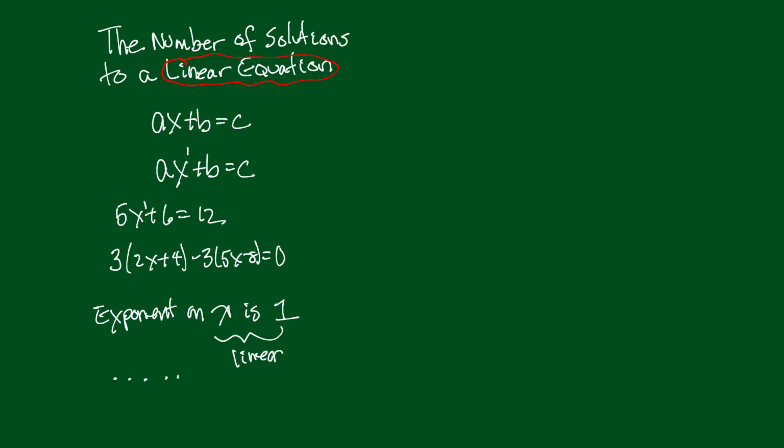If the exponent on x is 2, then it's not linear anymore. Then it's quadratic. So there's different names for these. If it's 3, then it's called cubic. And if it's 4, well, then we just say 4th degree. Right? But we're just working right now with exponents of 1.